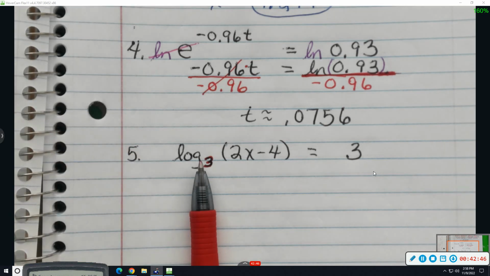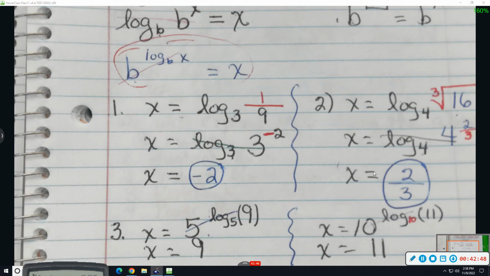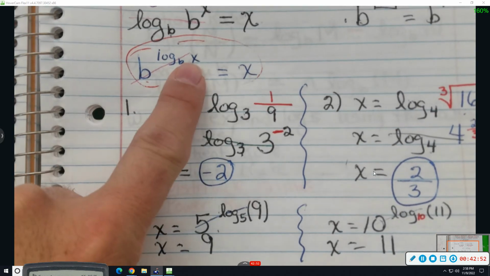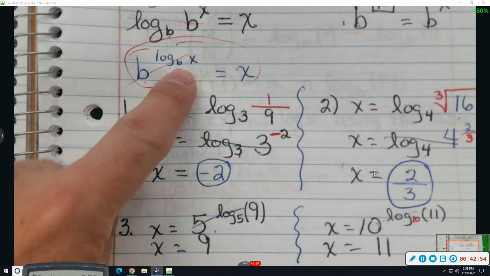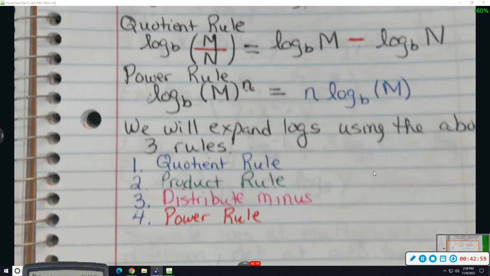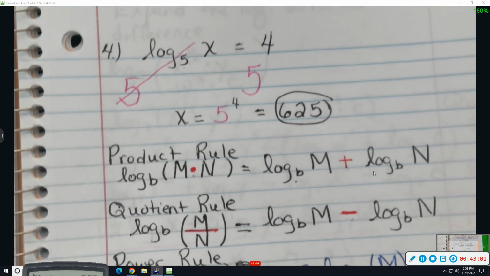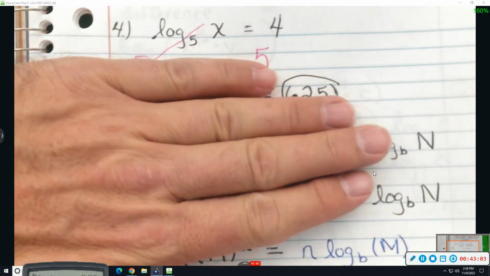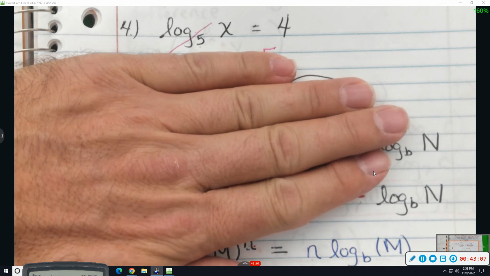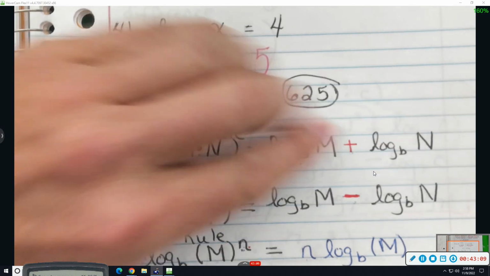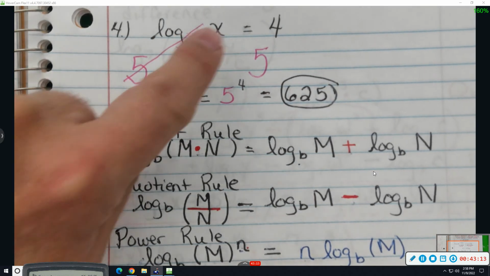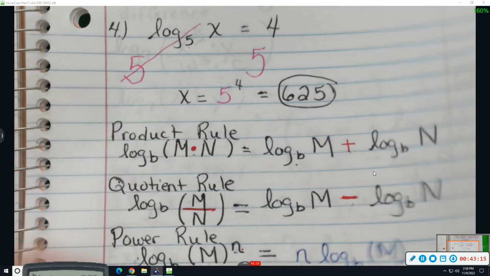One of the first things we did on Monday: if you have the same big base and small base, they cancel each other out. We had a problem, number 4 on Monday, where it just looked like that. Log base 5 of x equals 4. To solve for x, we put a big 5, so it would cancel out that small 5 there.